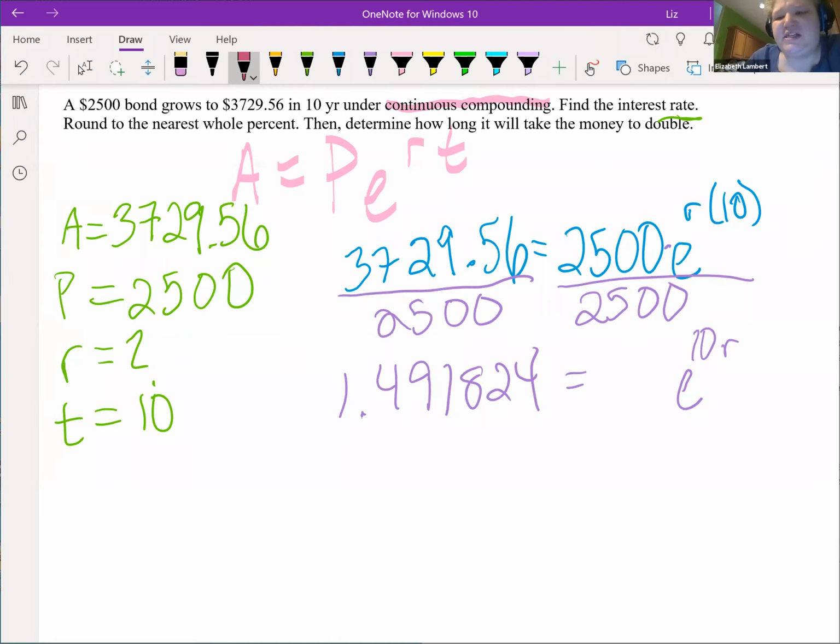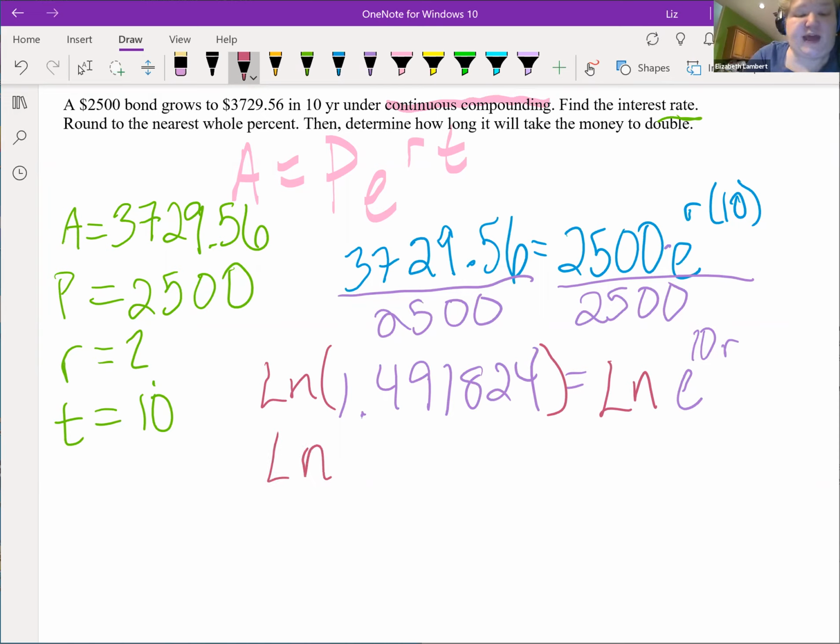Now, if it was any other base, you'd use log, or natural log, but because it's E, use the natural log, because that will completely undo the E and it's one less step we have to calculate. On the next one, we'll just use regular log or natural log because it's not going to be base E. So I can take the natural log of that, and it's some disgusting irrational number, so I'm not going to crunch that right now.